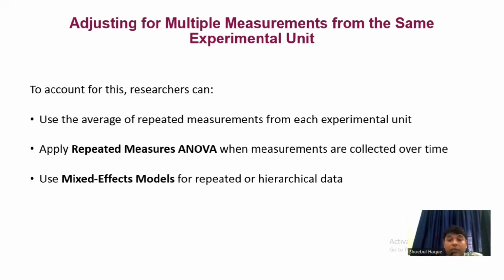What we can do is take an average of their readings, and put that average into our experimental calculations. And we can also do a repeated measures ANOVA when the measurements are collected at different time intervals. And we can also use a mixed effect model for repeated or hierarchical data.